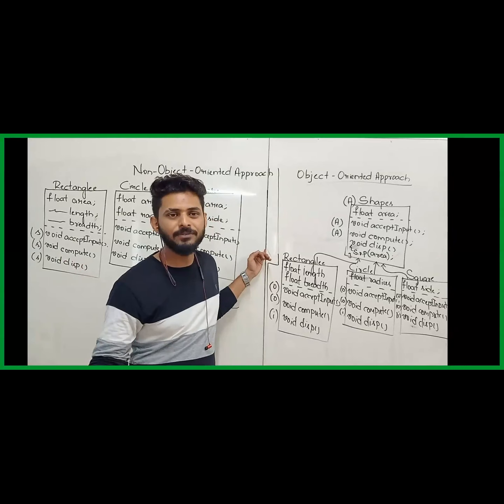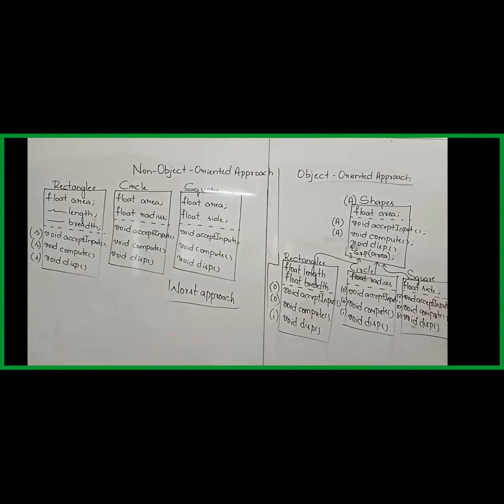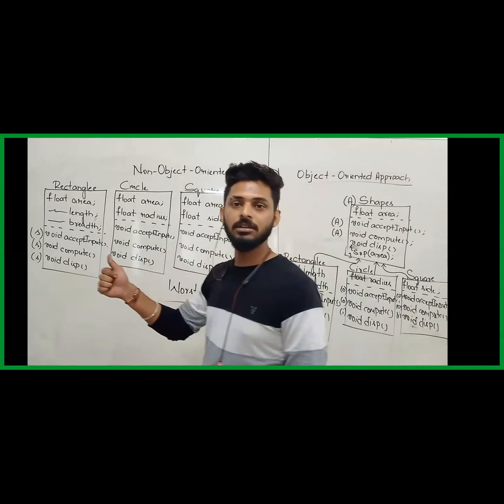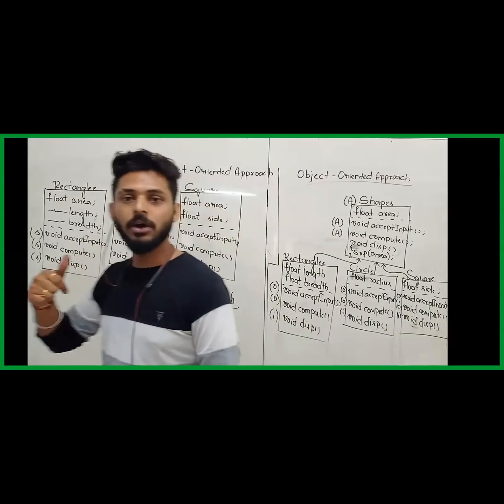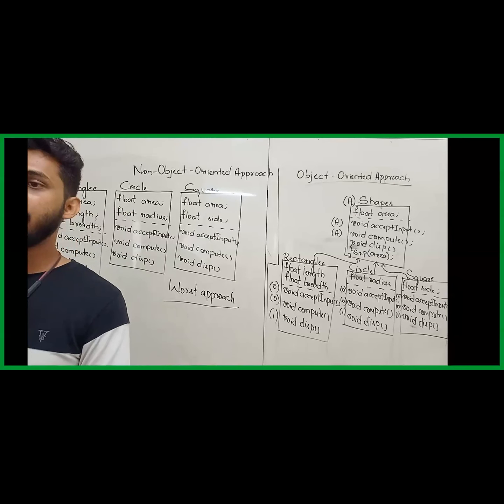Inside that, what should I do? ref dot accept input, compute, and display. However, in this concept we have already included abstraction, polymorphism, and inheritance. It is clearly visible, yes or no?